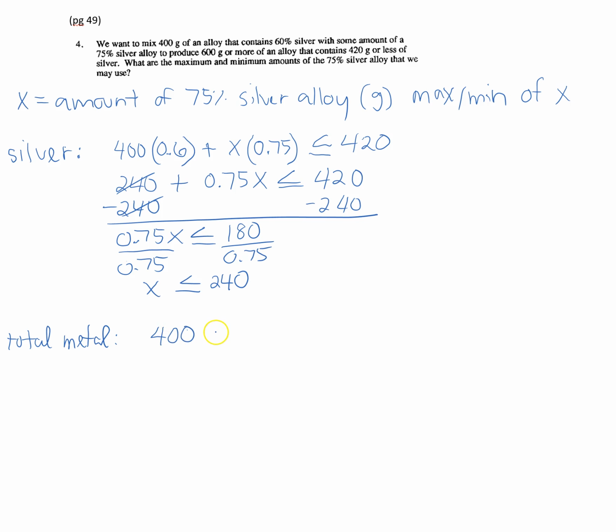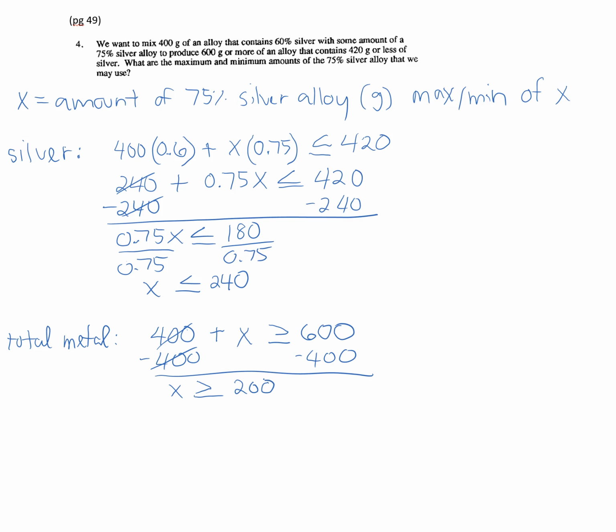And then from our second one, we're taking our unknown amount, X, and we want the addition of these two alloys to be greater than or equal to 600 grams, because the question asks us to produce 600 grams or more of the alloy. So if we solve this for X, I'm going to move the 400 over, it cancels, and I get X is greater than or equal to 600 minus 400, which is 200.